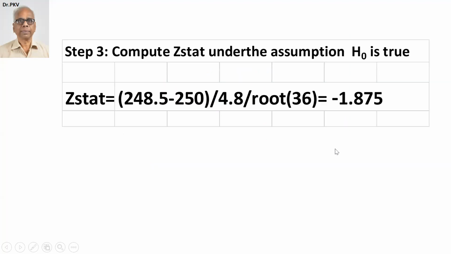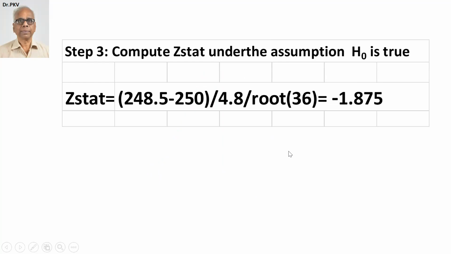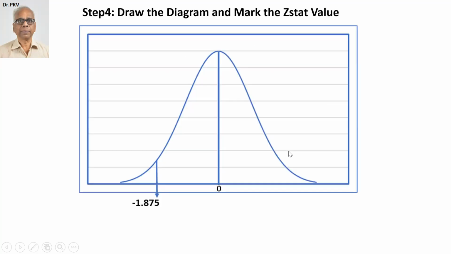So when we draw the diagram, we represent 0 as the mean, and we mark the computed z-stat, minus 1.875, as you can see in the previous step. It is left of the mean. So minus 1.875 is marked. This is the fourth step.